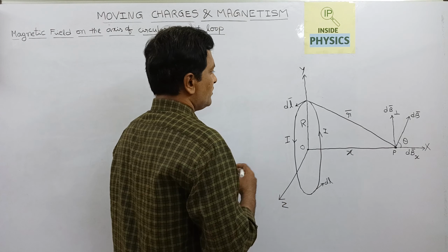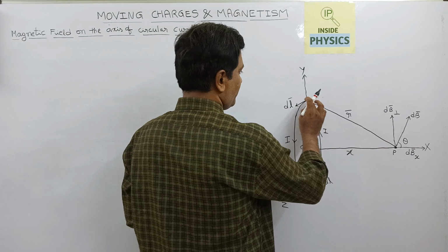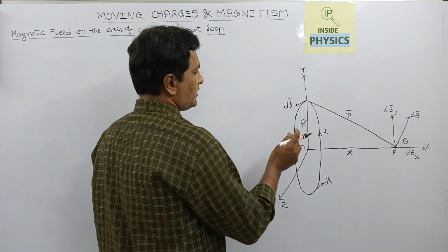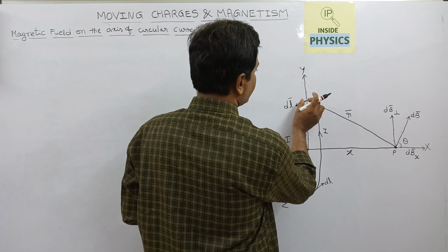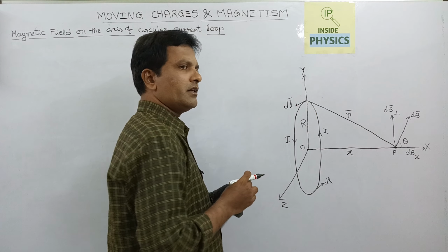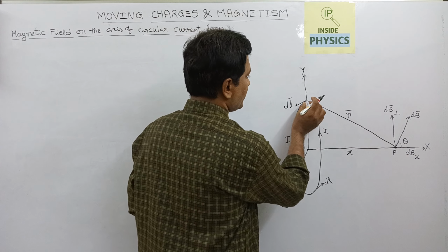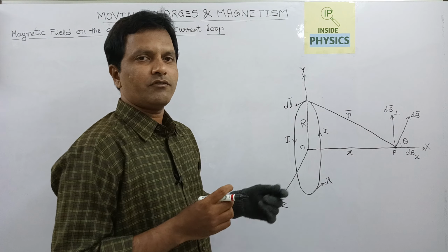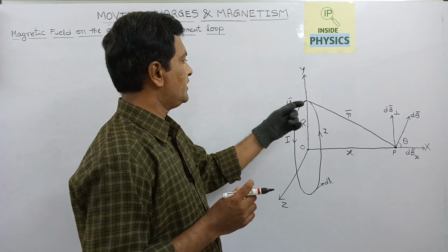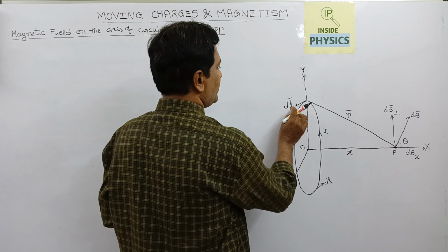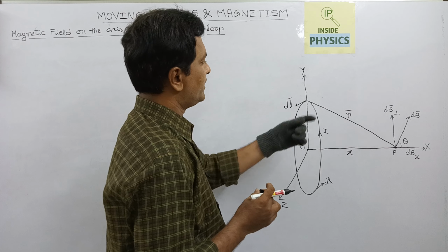For calculating the magnetic field due to a current loop, we will take a small length element of this loop, and in this small length element there will be a current flowing, called I dl, the current element. This length element dl bar is shown here.